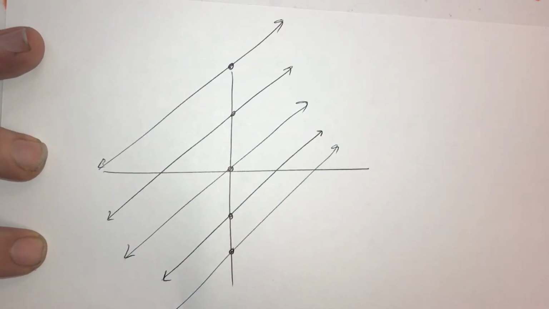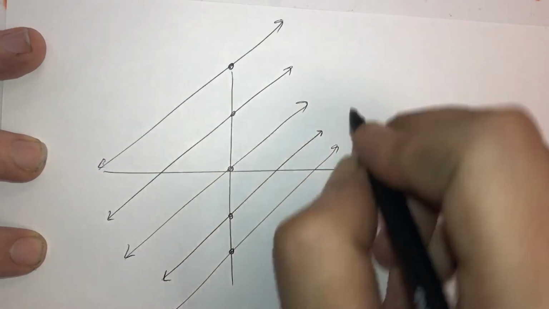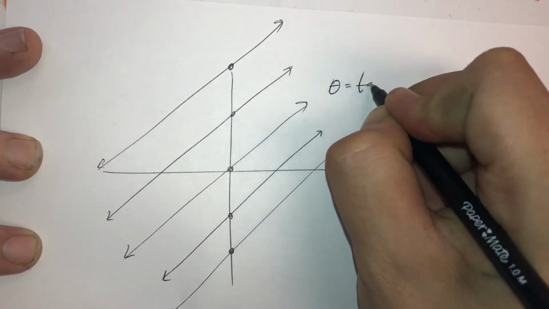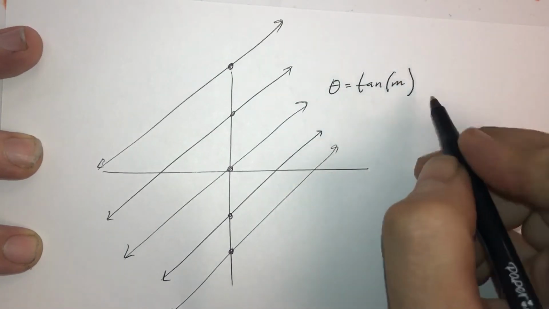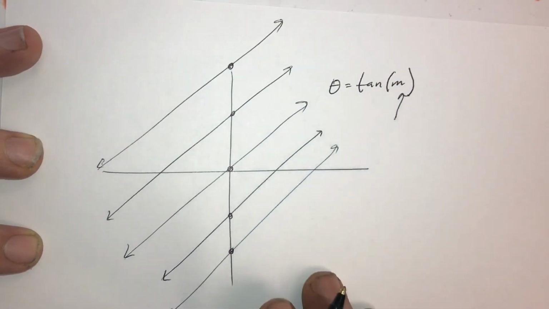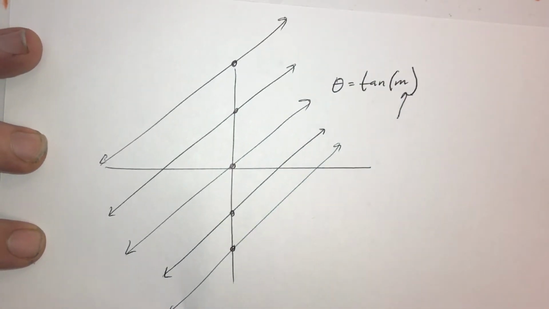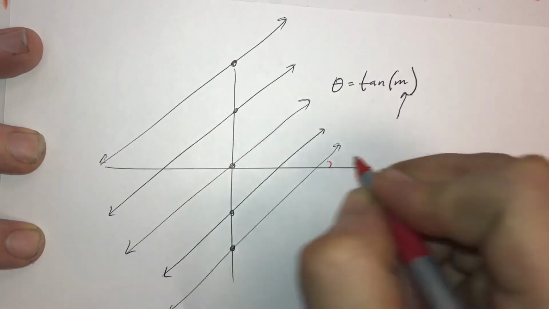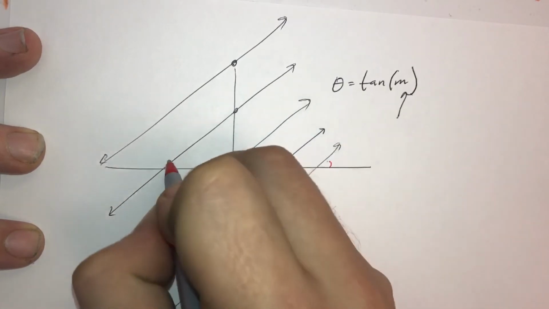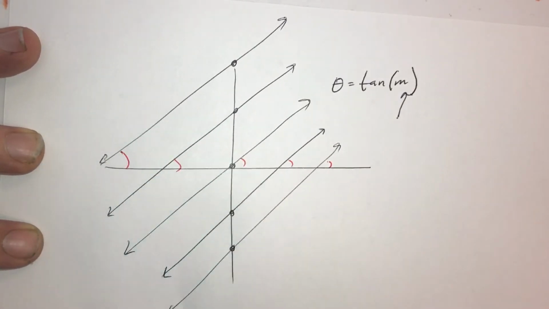Also, something interesting to note is, remember, our formula for angle only depended on slope. It didn't depend on the y-intercept. So all of these lines also make the same angle with the horizontal, which you can see here, and here, and here, and here, and here. All those angles are the same. That's going to come in handy, or it's going to be really important later.